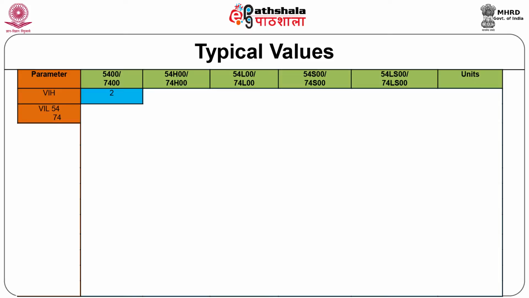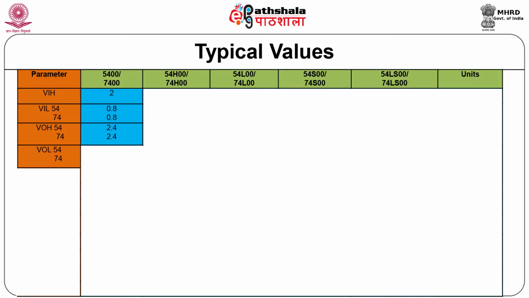Then VIL, that is low input voltage, is 0.8 for 54 and again 0.8 for 74. VOH, that is the high output voltage, is 2.4 volts for both 54 series and 74 series.